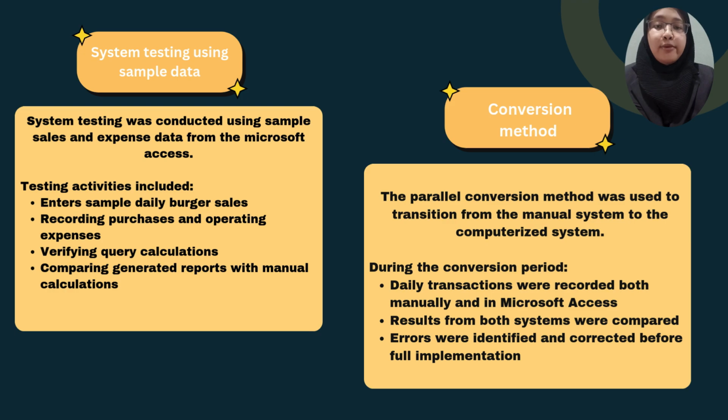The results from both systems were compared, and errors were identified and corrected before full implementation. This method reduces the risk of data loss and ensures the accuracy of the new system before fully discontinuing the manual process.